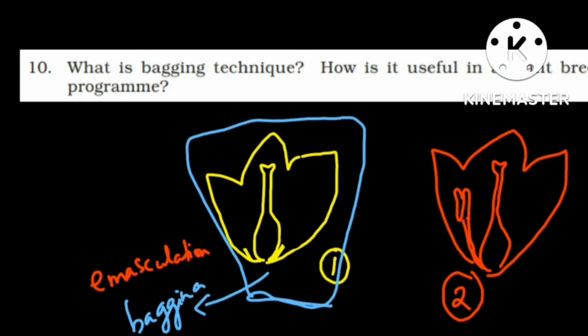so that cross-pollination can be prevented. Then once the stigma starts to become receptive, the bag can be removed.